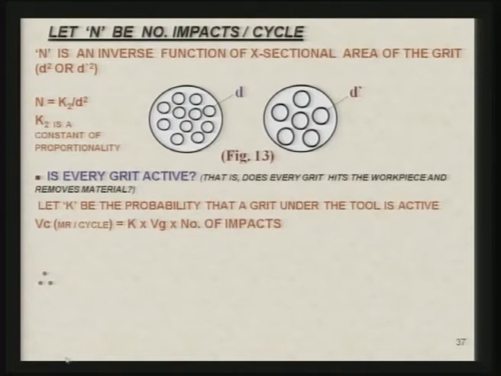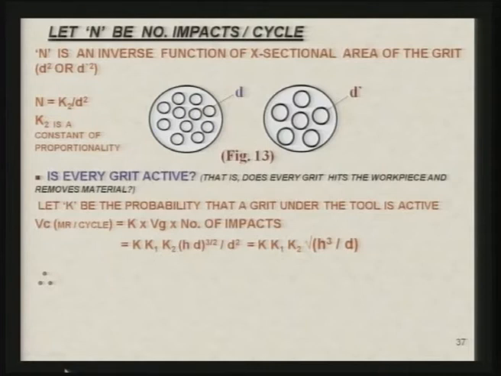Then the volume Vc, the material removed per cycle, can be given by k multiplied by Vg into number of impacts, which becomes equal to k multiplied by k1 into k2 hd raised to power 3 by 2 divided by d square, that comes out to be equal to k into k1 into k2 under the root h cube by d.